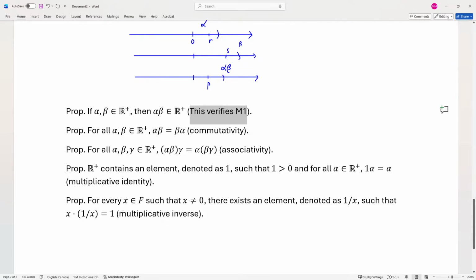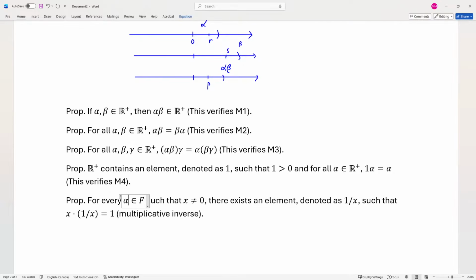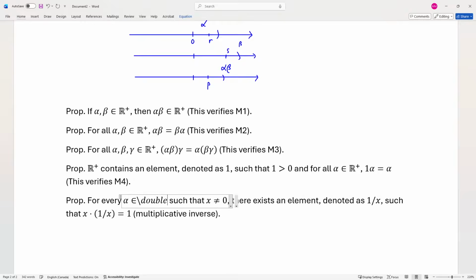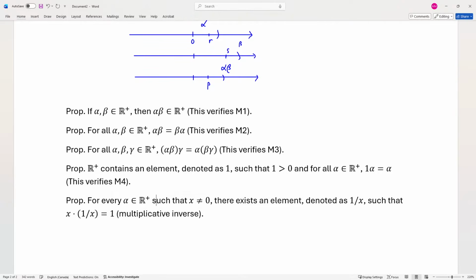By the way, I should write this verifies M2, this verifies M3, and this verifies M4. Okay, and the last proposition says for every alpha in R plus, let's just say, such that alpha is non-zero, there exists an element denoted as 1 over alpha.